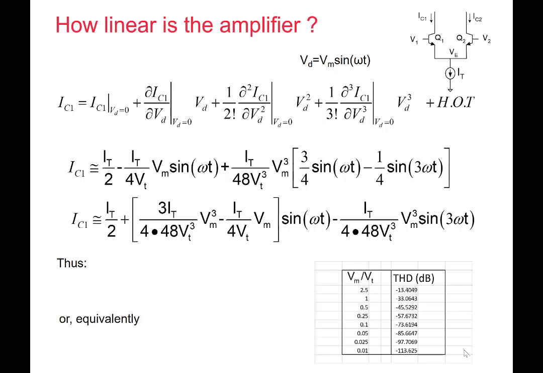So as for the MOS case, we observe the absence of what? What is oftentimes the dominant contributor to nonlinear distortion in an amplifier? Which harmonic?